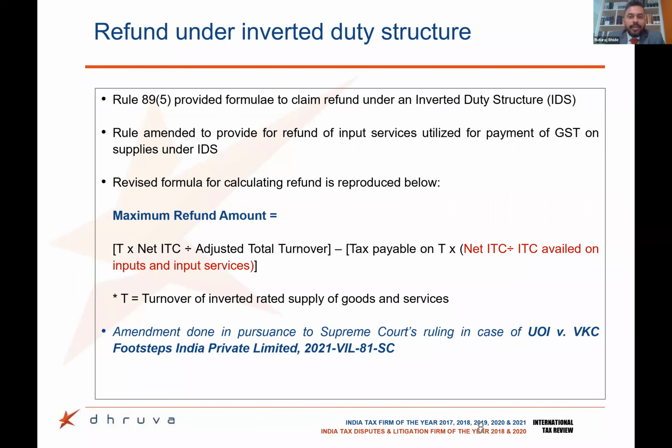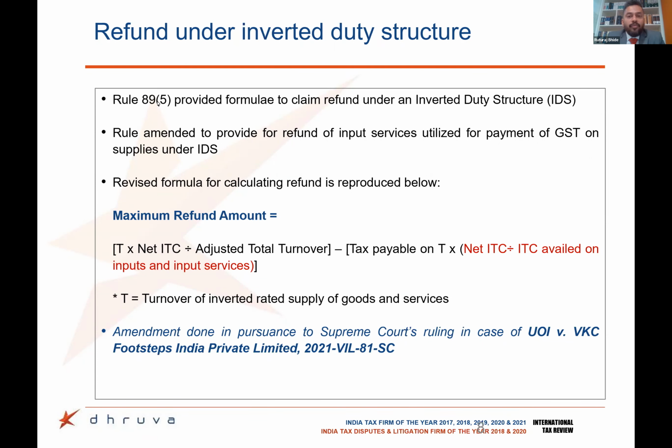So anyone who has accumulated input tax credit and is claiming refund under IDS, the quantum of refund will undergo change. It will go on a higher side, and effectively the accumulation will come down faster relatively compared to the earlier formula. This formula change can be better understood if we see a numeric example, which we have on the next slide.